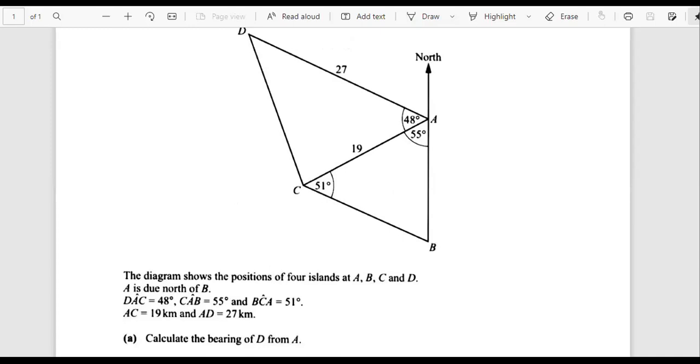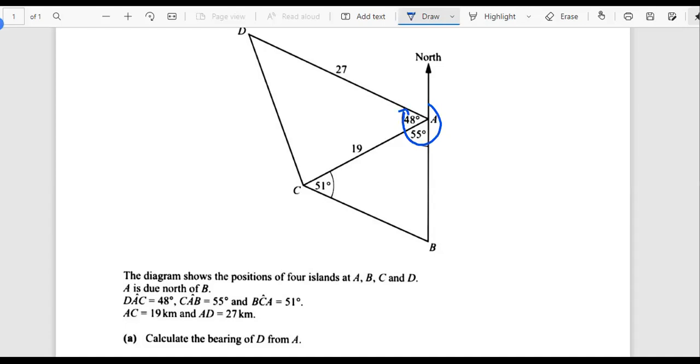From A. All right. So this means that from A, we need to make north on A, and we already have that. Okay. And then we need to connect A and D, and the angle is going to be starting from here. It would go in the clockwise direction, and it is going to be this one.